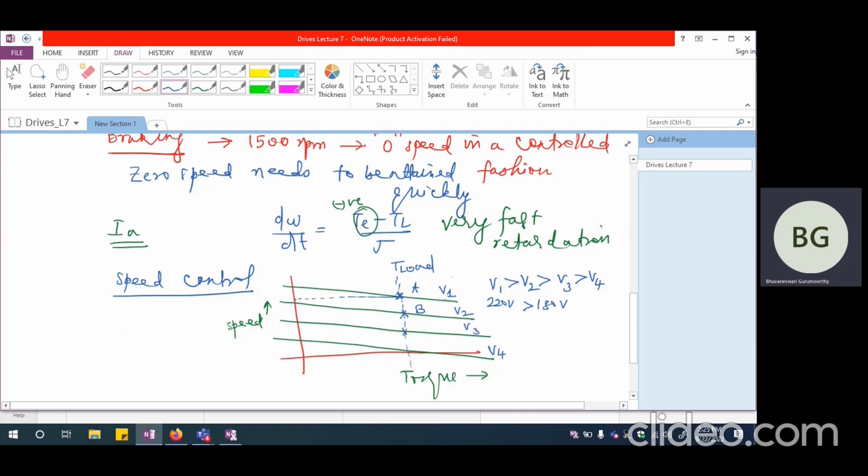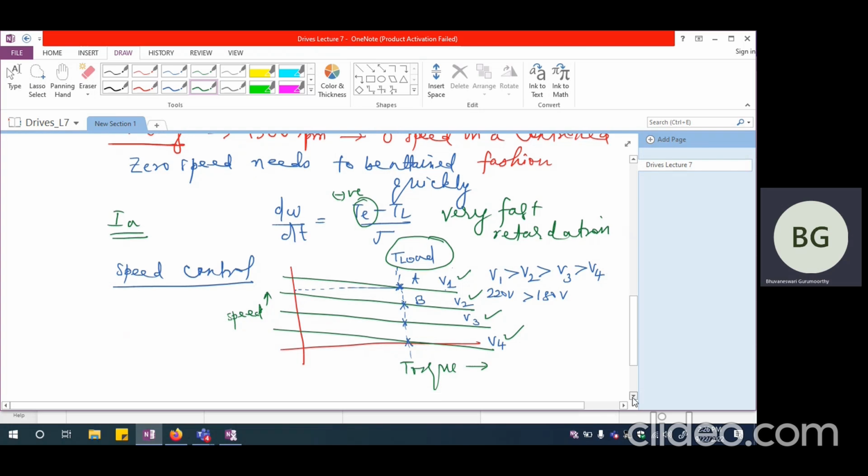Similarly, I will be able to attain different values of speed at the same value of load torque. The load torque is delivered at the same value, and still the machine will rotate at different speeds. So here I have to effect voltage control. By effecting armature voltage control, I would be able to attain speed control properly.